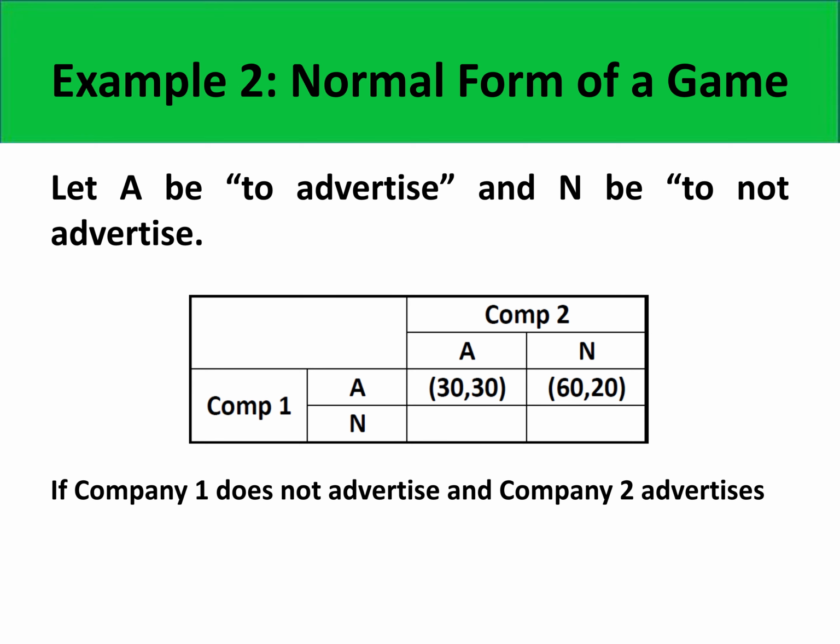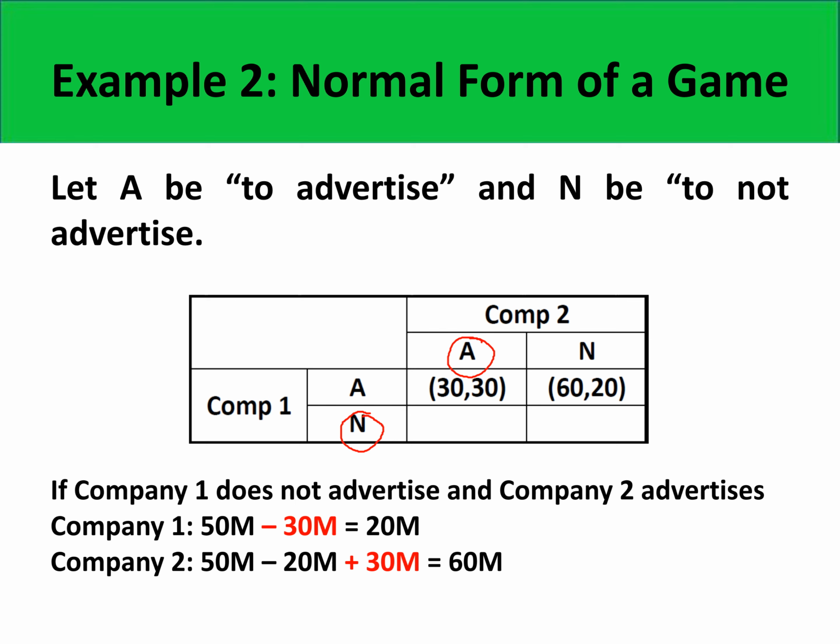Now, similar to the explanation from the previous slide, reversing the roles of company 1 and company 2, company 1 does not advertise and company 2 advertises. This means that company 1 gets 20 million pesos while company 2 gets 60 million pesos.